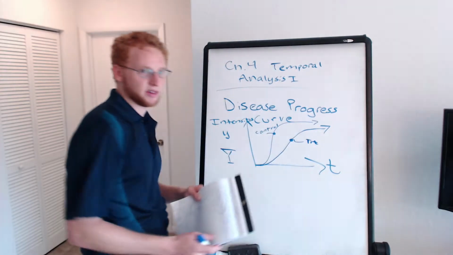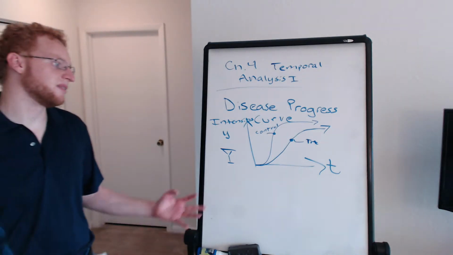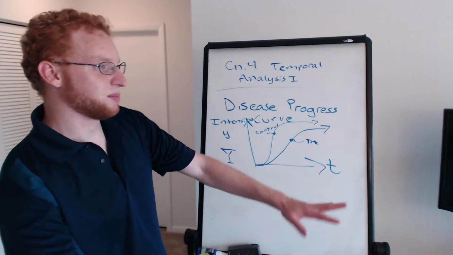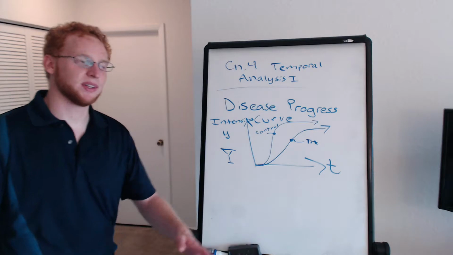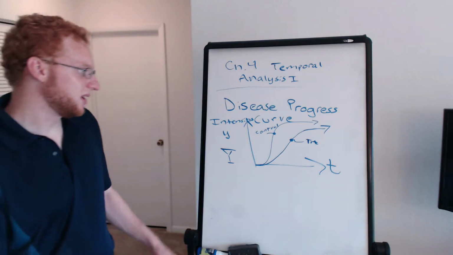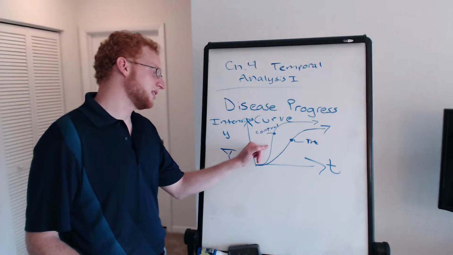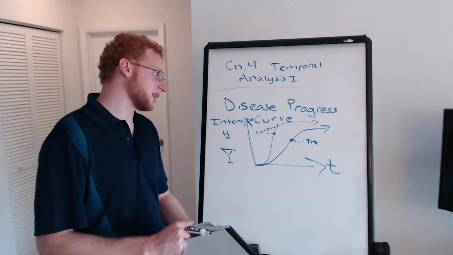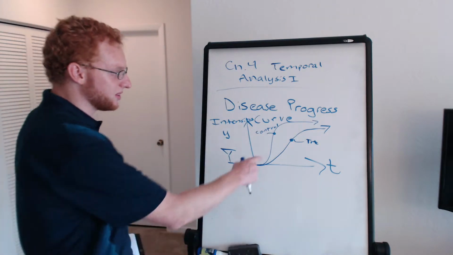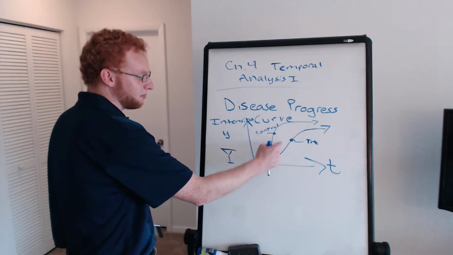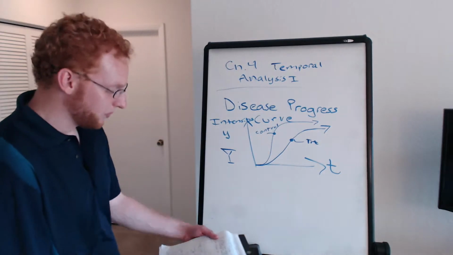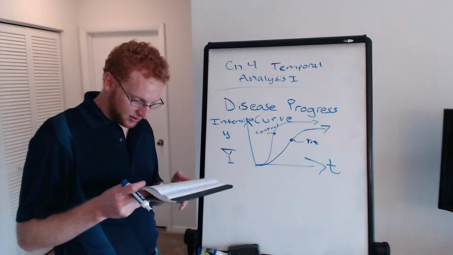Say you want to know if your fungicide works. You invented a fungicide and you spray it on one field and then you don't spray it on the other field, and you measure how the disease intensity increases over time, and then you want to know if your fungicide's working or not. So you can compare these two graphs. That's one use of this stuff.